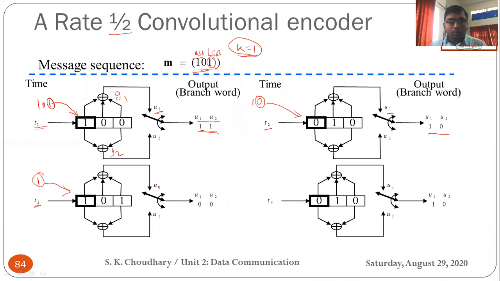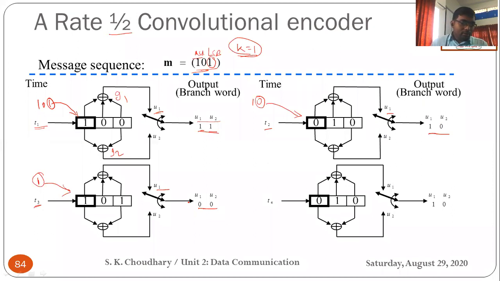So U1 and U2 would also be updated. U1 is 1 plus 0 plus 1, 0. An even number of ones means 0. And U2 is 1 plus 1, again an even number of ones, so 0. So at time T3, you have used all 3 bits of the message string.